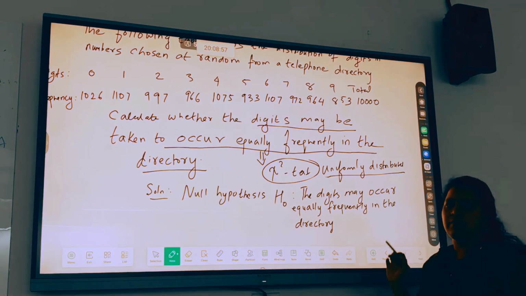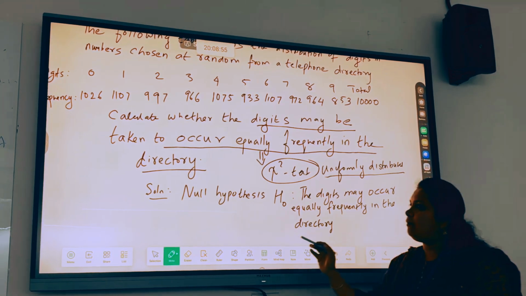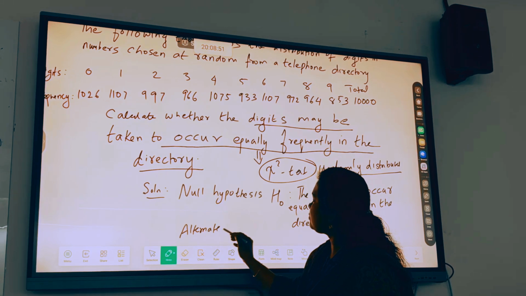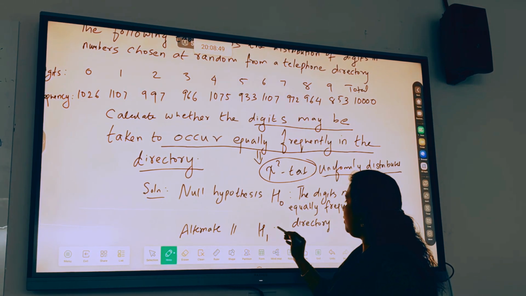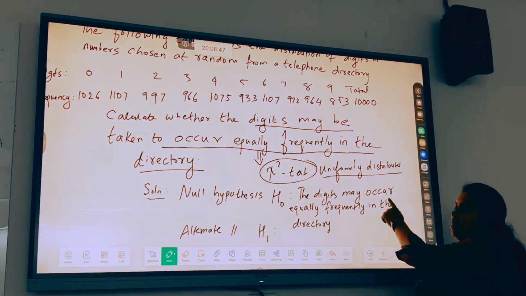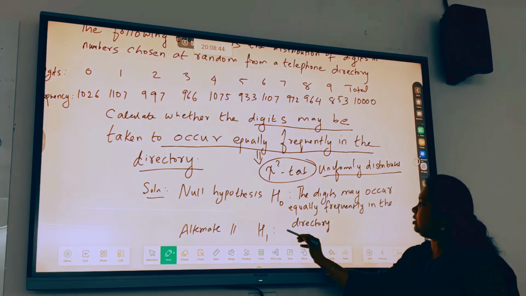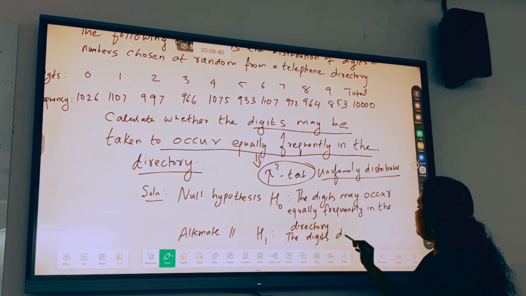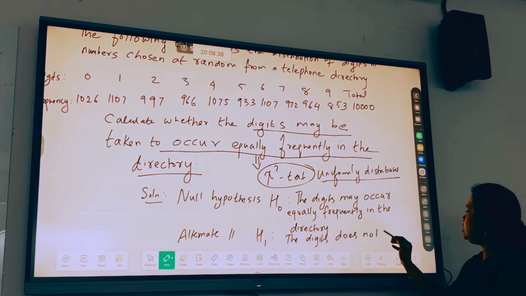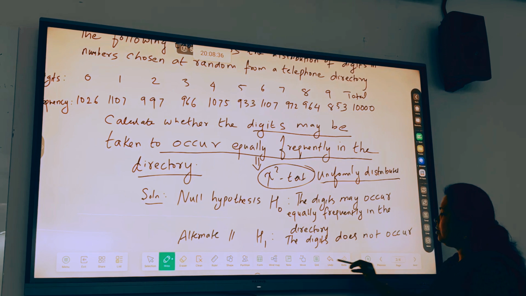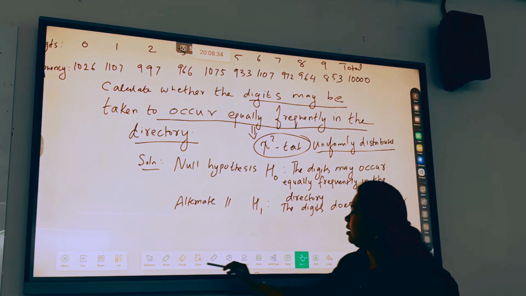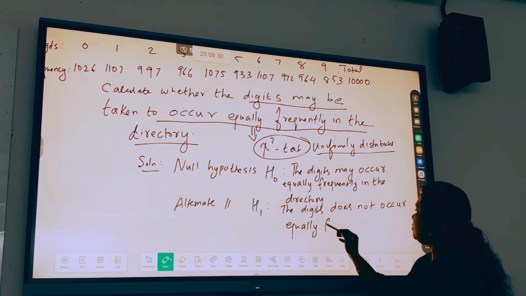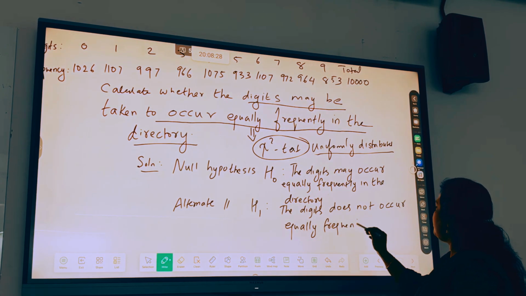Once we write H0, we have to write the alternate hypothesis, which is H1. Here H0 says the digits occur equally frequently, so now we write that the digits do not occur equally frequently in the directory.